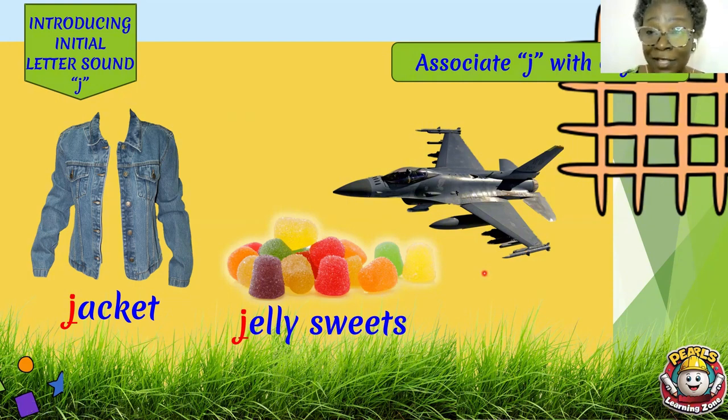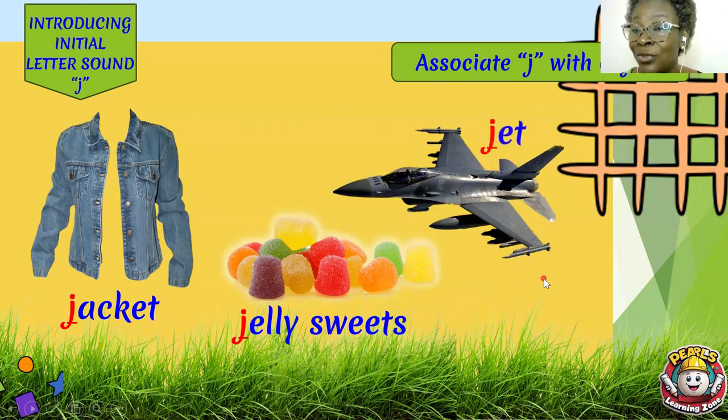Does it shoot? Yeah. As good as it is, it can only be used by the army, military people. But what do you call this? It's a jet fighter, jet.